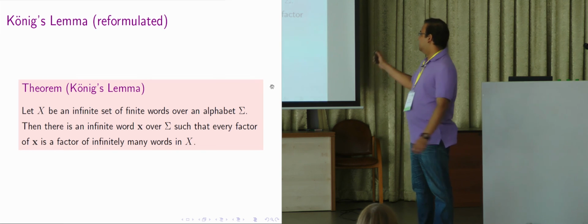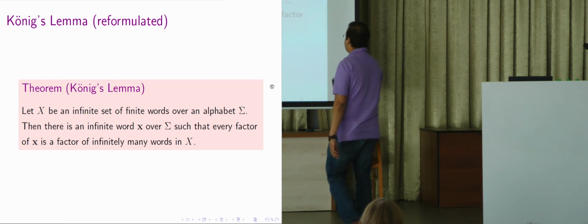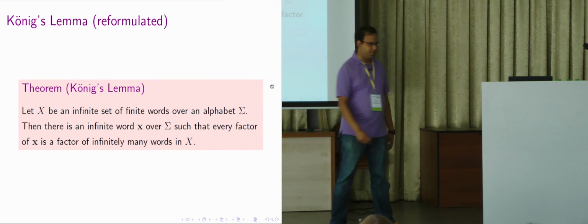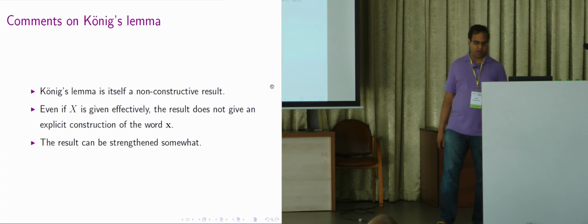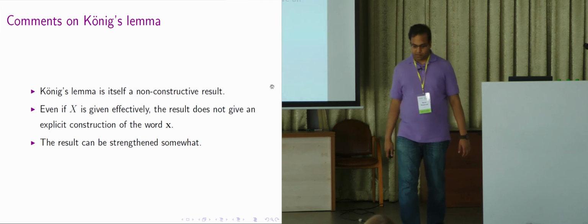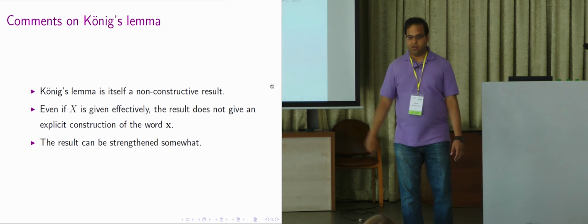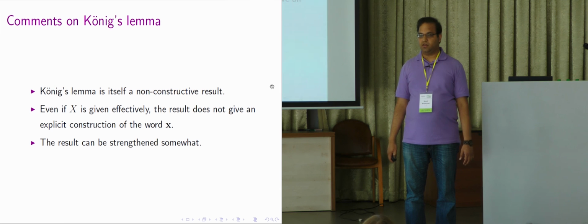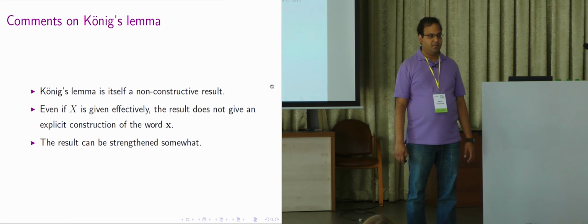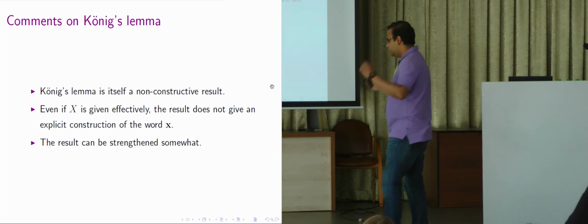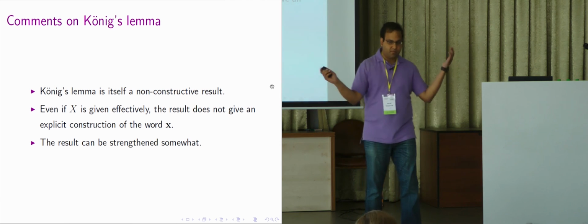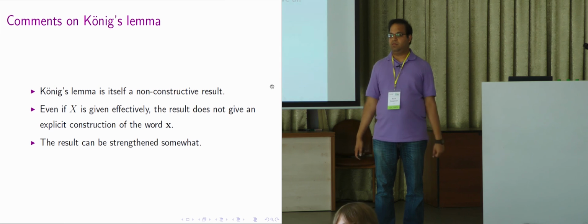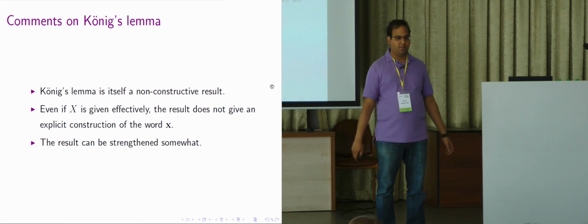I won't say too much about that. It's a pretty easy argument. But that by itself is already a non-constructive result, because the theorem says there exists an infinite word, but it doesn't tell you anything about how to construct it.